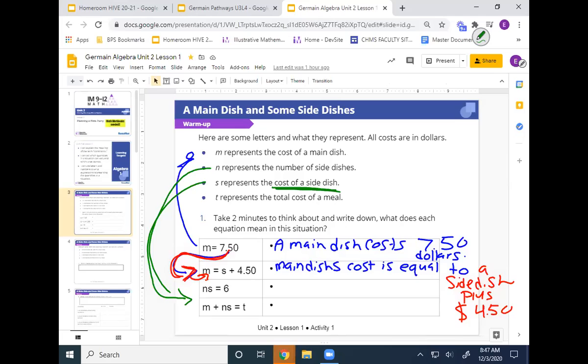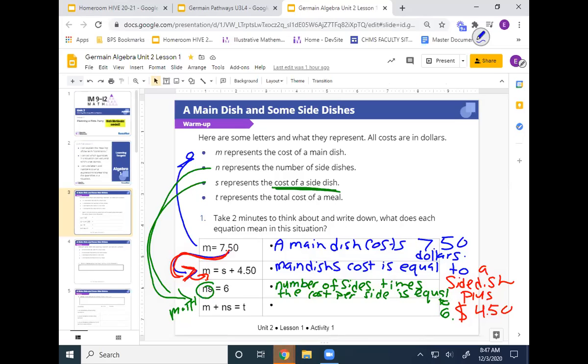So when there's no sign here, you can say it's multiplication. So this one would be equal to the number of sides times the cost per side is equal to 6. Okay, so that is what that statement means.